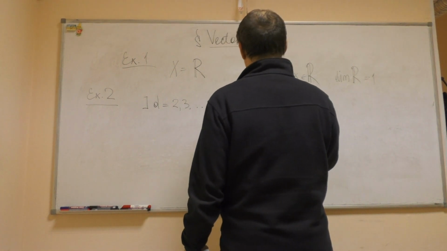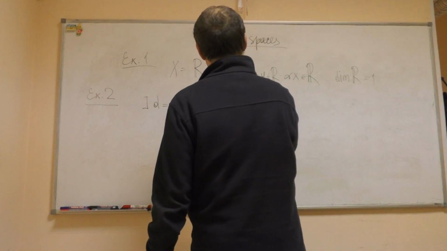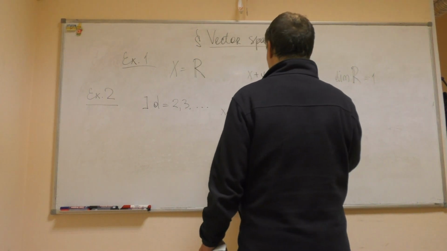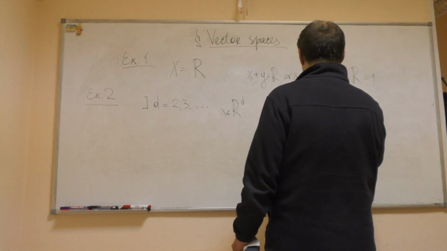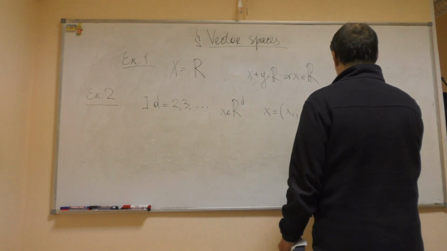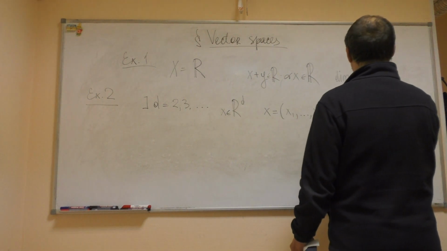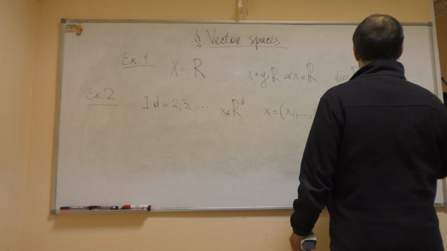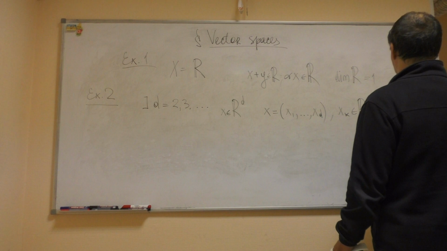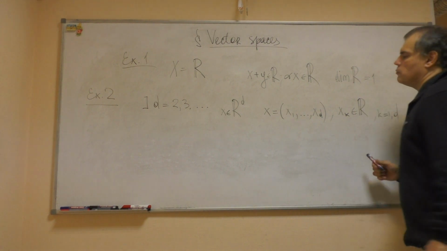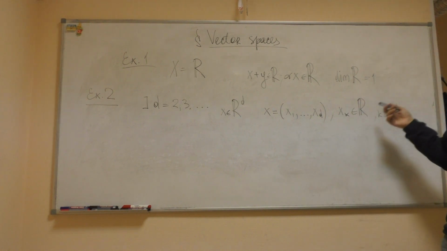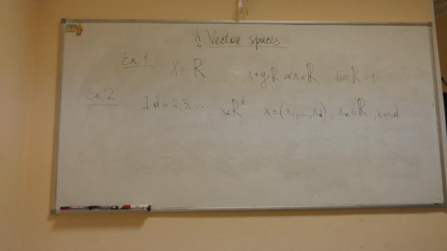So elements of this space are arranged groups of d numbers, d real numbers. Sometimes these numbers are called coordinates, and these coordinates are from the set of real numbers.